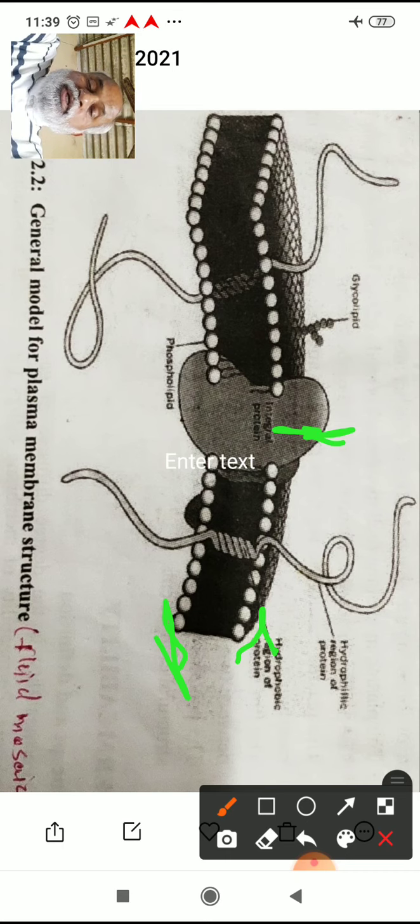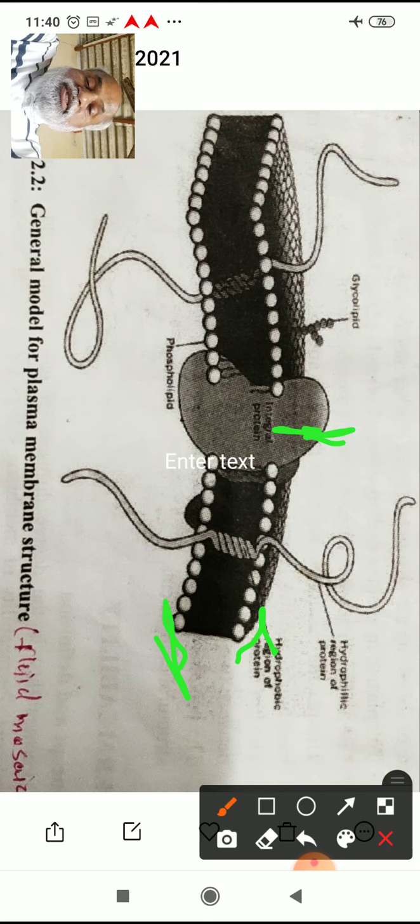What are the functions of plasma membrane? Plasma membrane separates contents of the cell from its outside environment, and it regulates what enters and what exits the cell. This is the important use. Second, it has its main role in protecting the integrity of the interior of the cell by allowing selected substances into the cell and keeping other substances out.